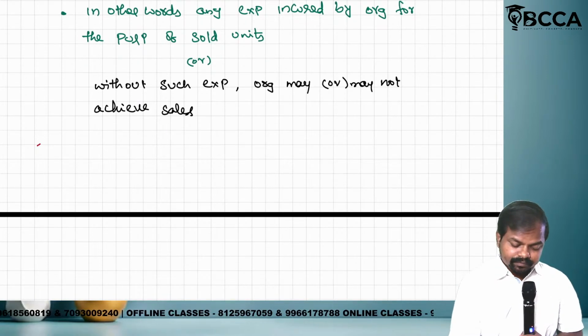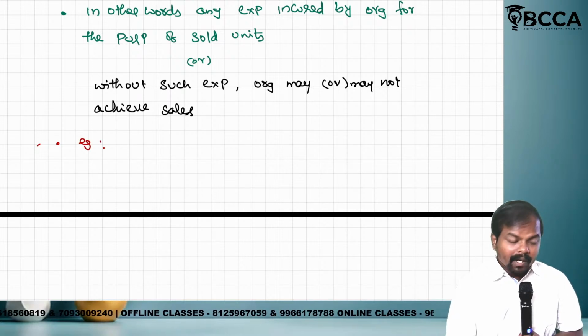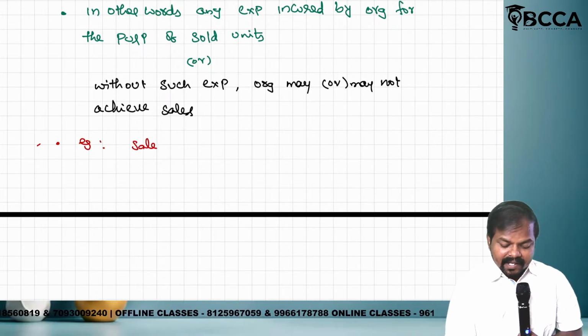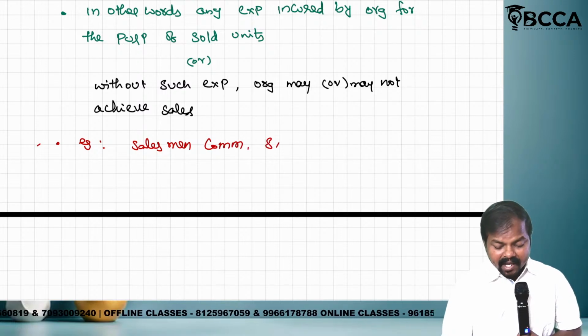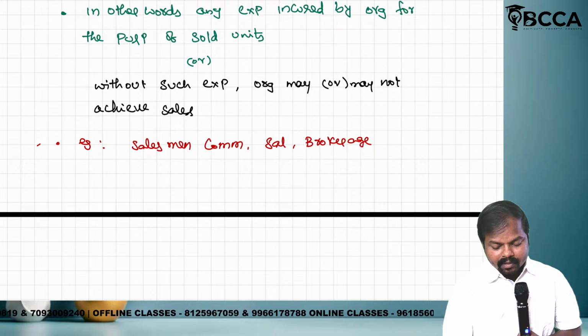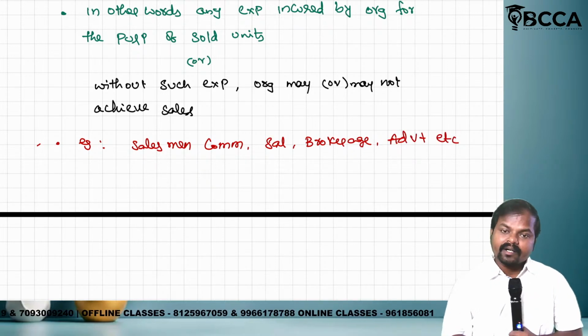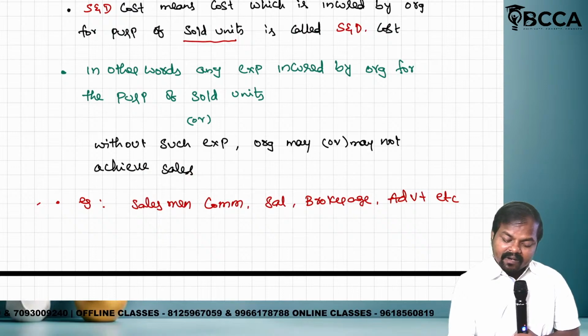Next, example, what is my example? Salesman commission, salary, brokerage, advertisement, etc. Correct? They are incurred for what units?